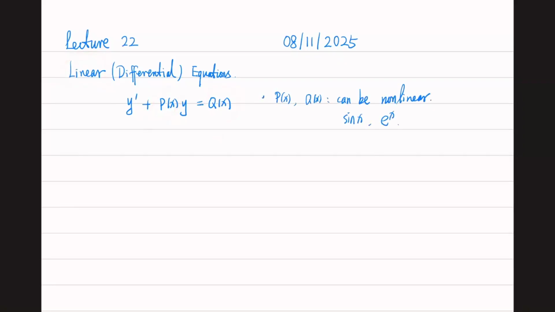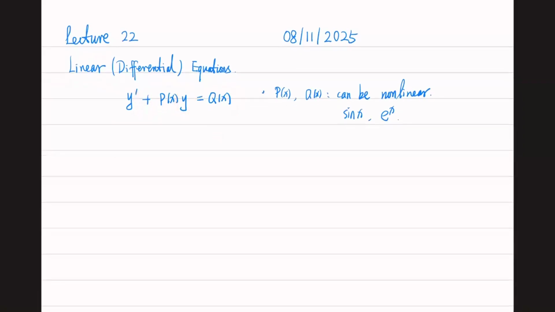So why is it linear? It is linear in the unknown y and y prime. In this way, we call it a linear differential equation.